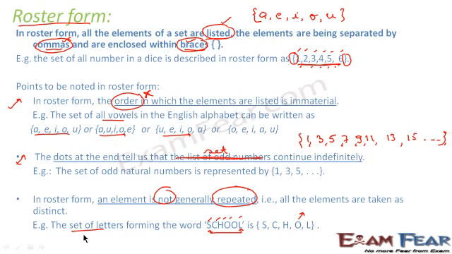For example, the set of letters of the word school is S, C, H, O, L. Since O was twice in school, but while writing sets, we wrote O only once because we avoid repetition. It doesn't mean that if you write an element twice, it will be wrong. It will still be correct, but the convention is that we generally don't repeat the elements in roster form.